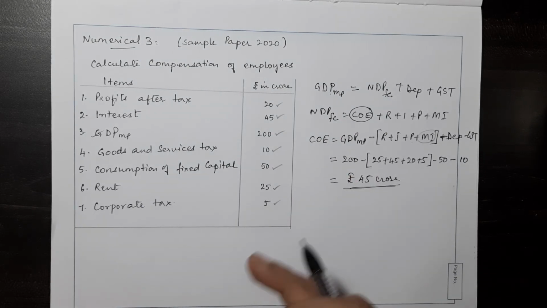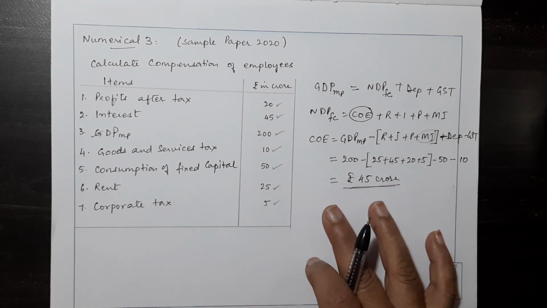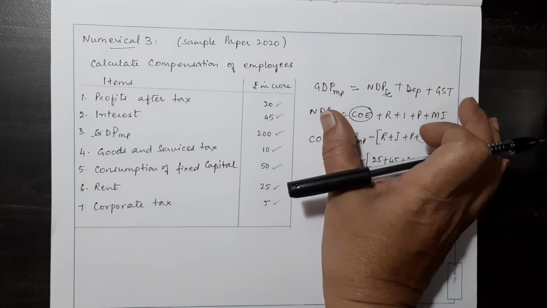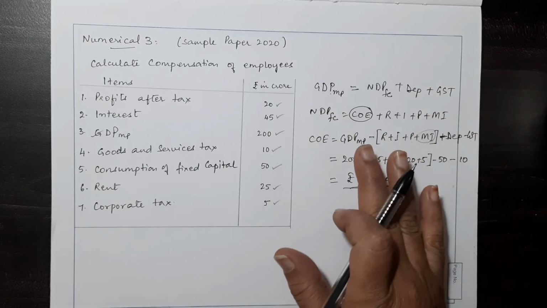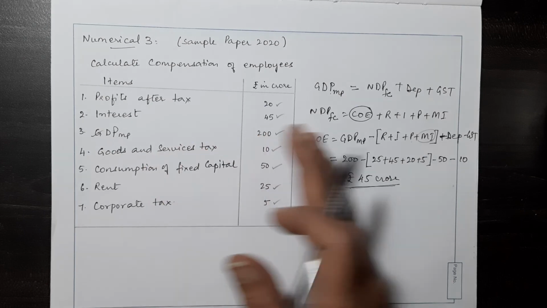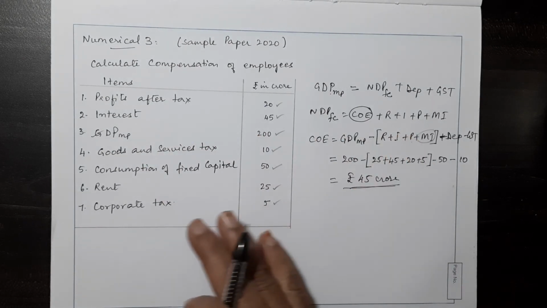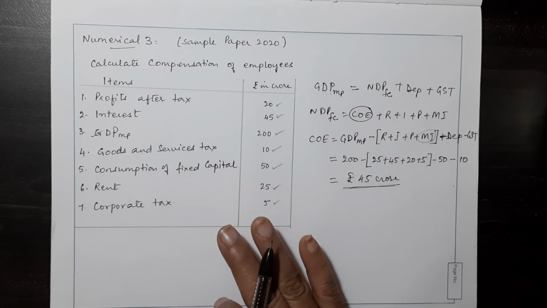So here what is very important while calculating these national incomes is, first you should be thorough with the formula. Then find out from what is given what can be included over here. And the next important thing is what should be eliminated.